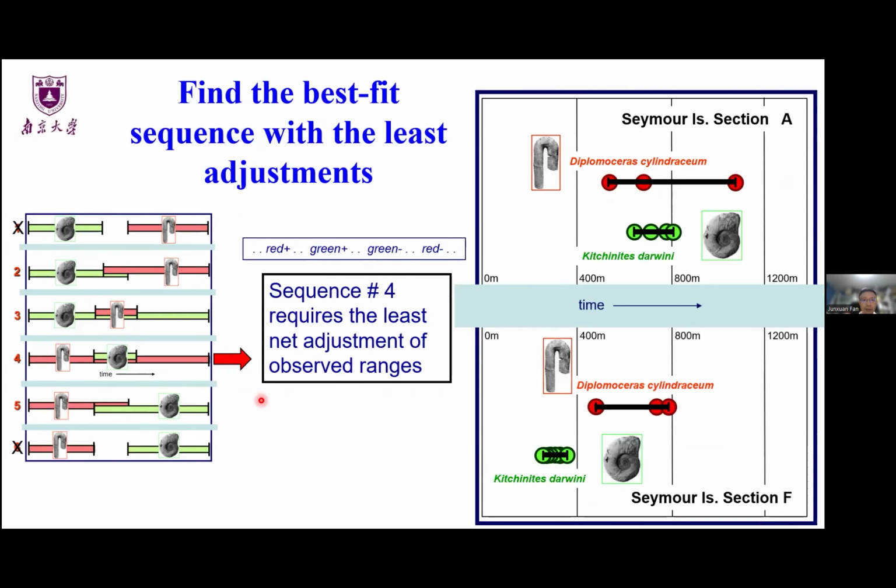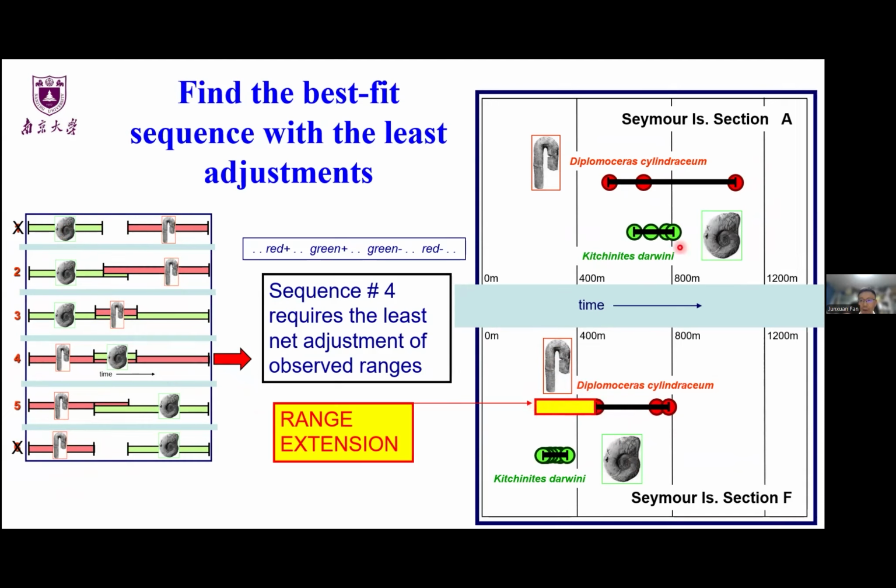And so we try to find out the sequence with the least adjustment. For example, among the six sequences, we adjust the original local observation at the two sections to match each of the sequences on the left. For sequence number 4, we just need to extend the first appearance of the red species a little downward, before the first appearance of the green one.